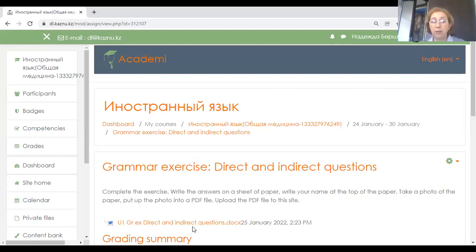And you should complete the exercise, write the sentences, handwrite the answers on paper. So write your name at the top of the paper, then the same way you should take a photo of the paper, put the photo into a PDF file and upload the PDF file to the site.